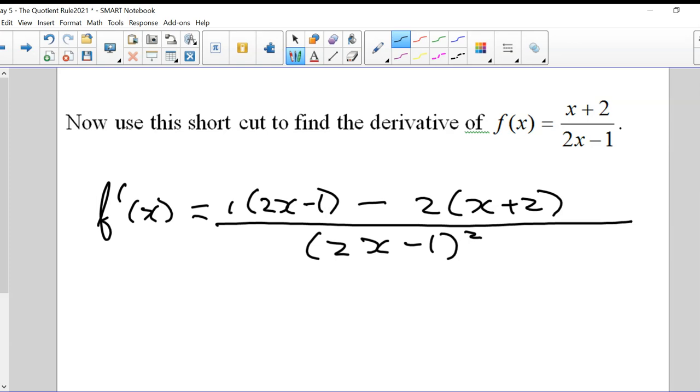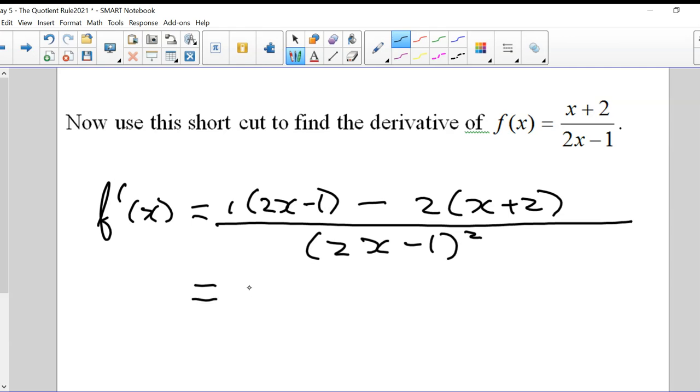All right, let me go through that again. Derive the top, which gives me 1, multiplied by the underived bottom, so that's 2x minus 1, minus, because that's part of the formula, minus the derived bottom, which is 2, times the underived top, which is x plus 2. Obviously, I would expect you to simplify this.